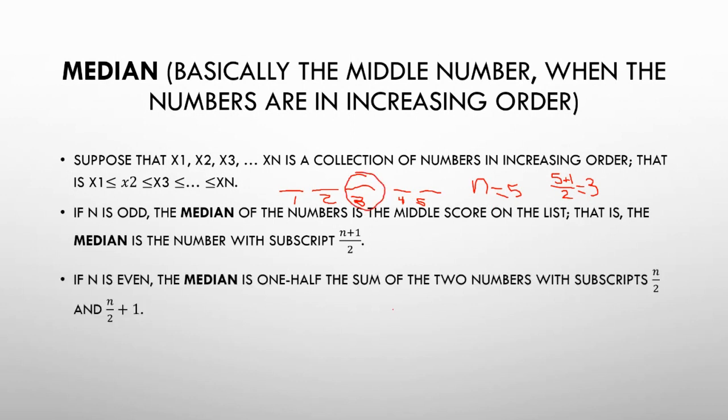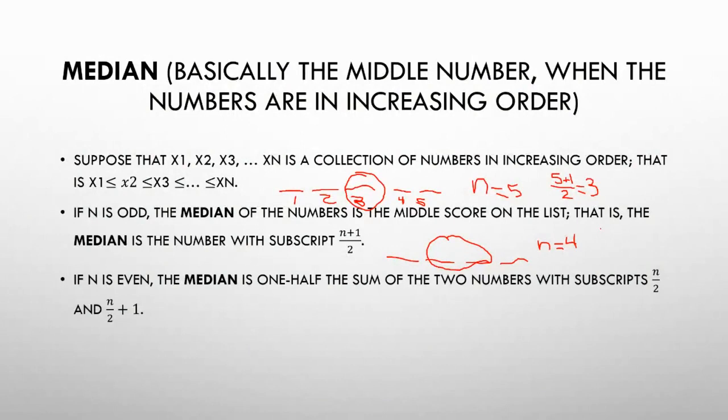On the other hand, if n is even, then you have 2 middle numbers. So suppose n was 4. You've got 4 numbers, and your 2 middle numbers are right here.